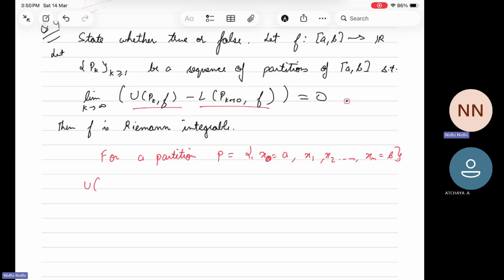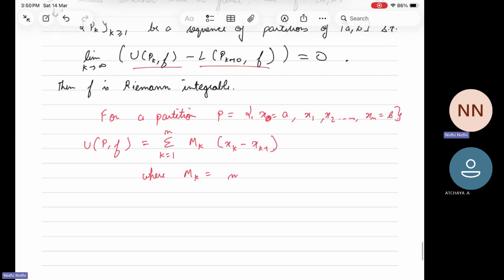This U(P, f) is defined to be equal to the summation k from 1 to n of M_k times (x_k minus x_{k-1}), where M_k is the maximum of the values of f(x) for x belonging to the subinterval x_{k-1} to x_k.